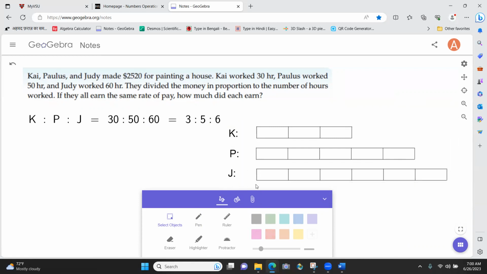So I am going to divide 2,520 into all these parts. They're all equal parts. So this is going to be 6 plus 5 is 11, 12, 13, 14.